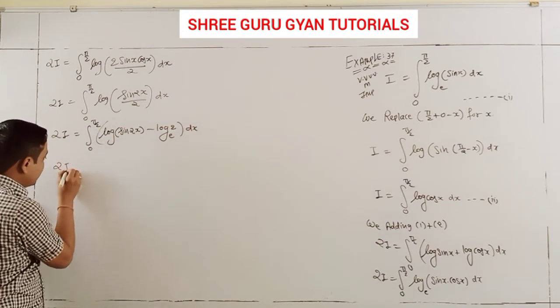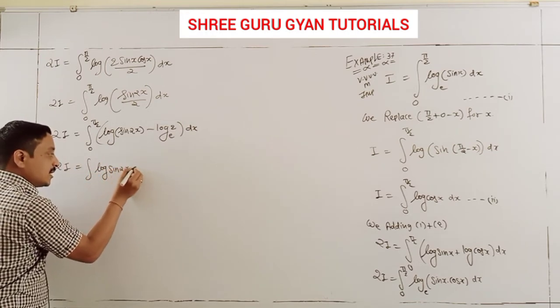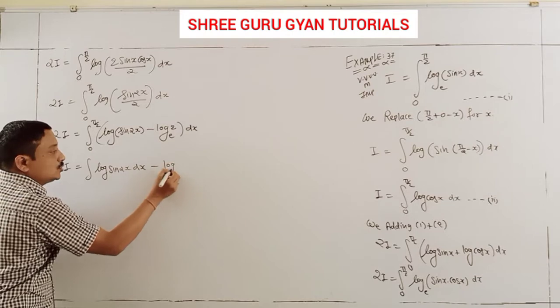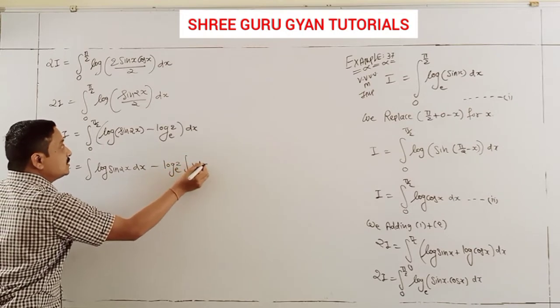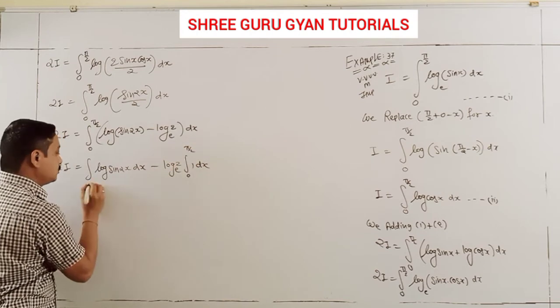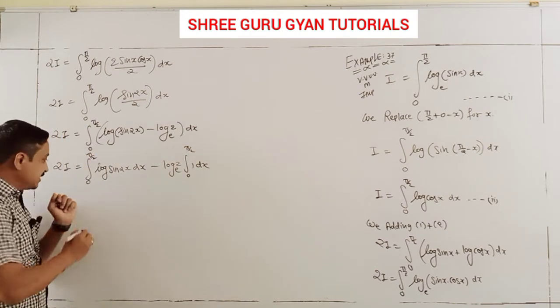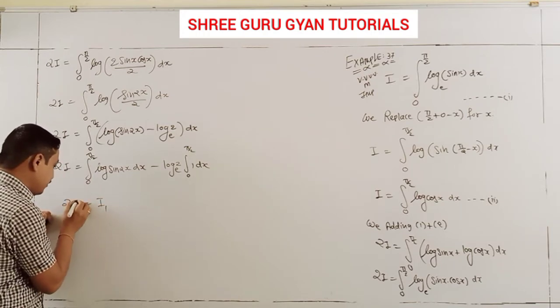So you can get here integral of log sin 2x dx minus integral of log 2 dx. The limits are the same, 0 to pi by 2. So these solutions I create, after that, I call it I1.